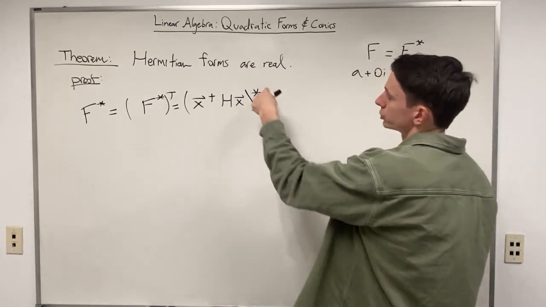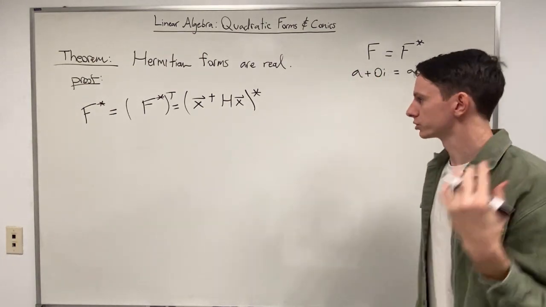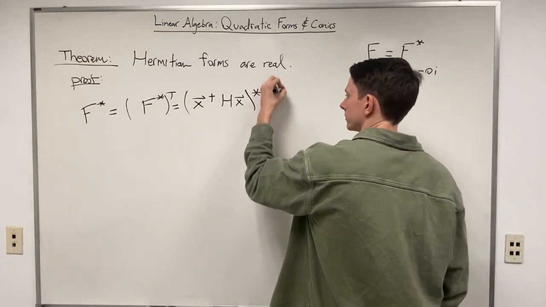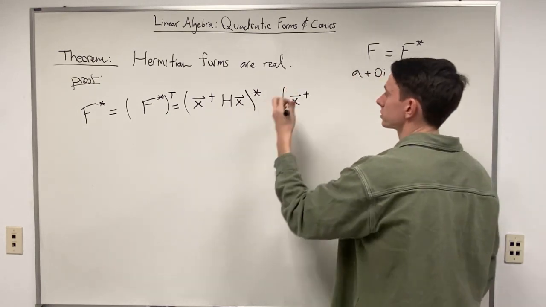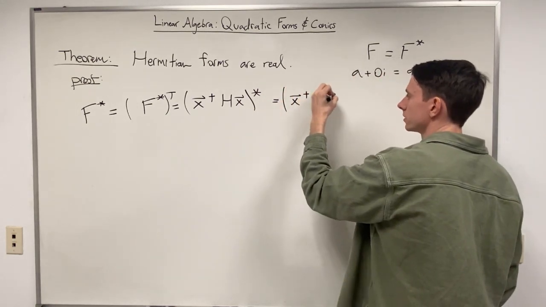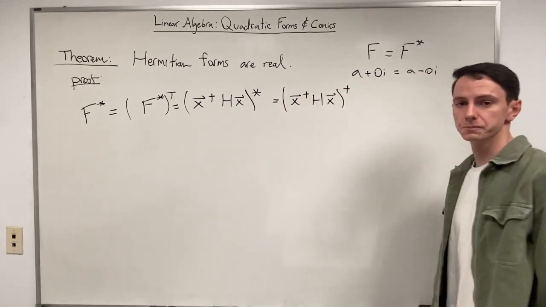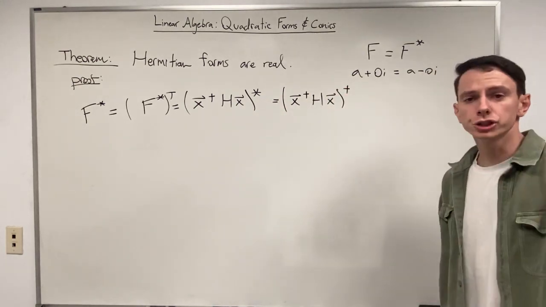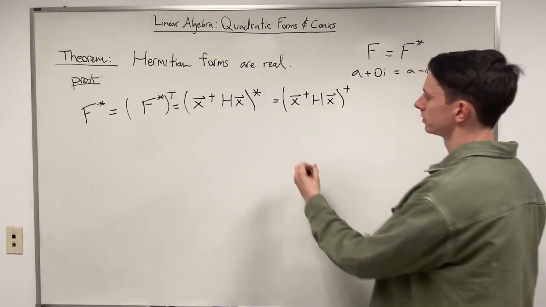But the reason why I'm adding the transpose is because if I were to take the complex conjugate and the transpose of this quantity right here, now all of a sudden that becomes the Hermitian conjugate. So I can write x dagger Hx in parentheses, but then rather than the complex conjugate, I'm going to write out the Hermitian conjugate. And now it's just a matter of applying the Hermitian conjugate to each of these terms in the product.